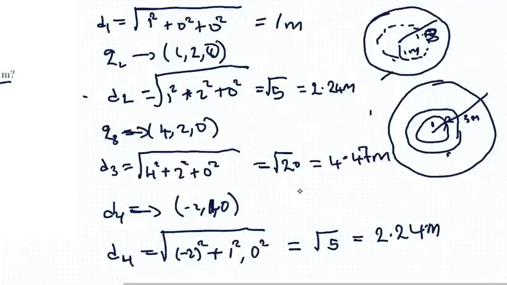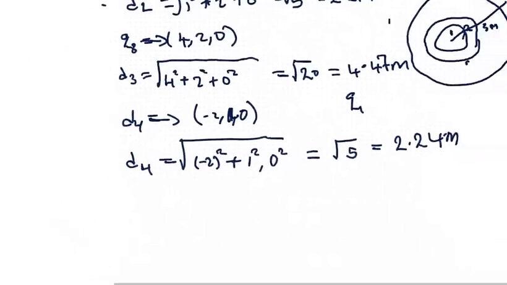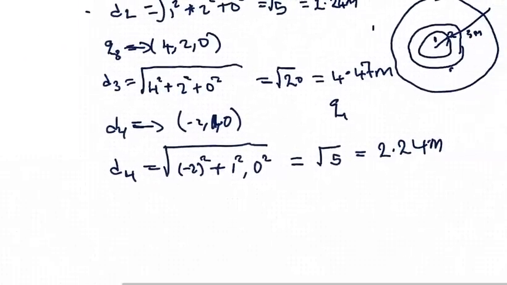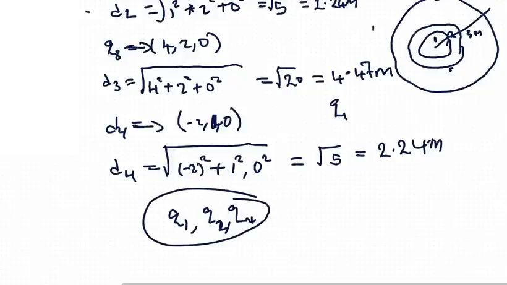So at this point, we can say that Q1, Q2, and Q4 are all enclosed within the Gaussian surface.